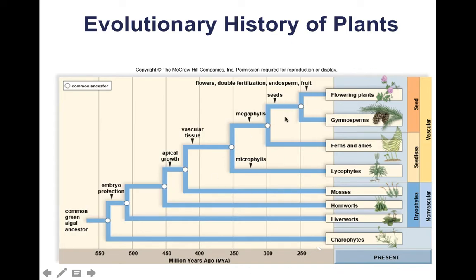So they make a monophyletic group. We could also snip the tree here, right? And we can get a common ancestor and the flowering plants, the angiosperms, and the gymnosperms, okay? So this would also make up a monophyletic group comprising the seed plants.